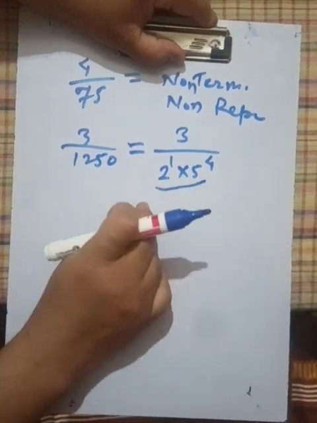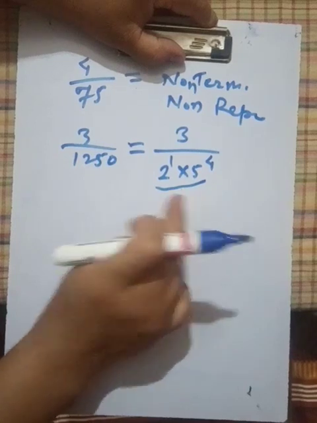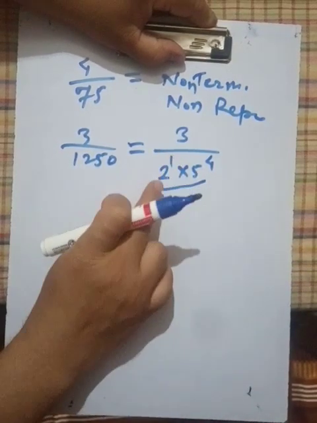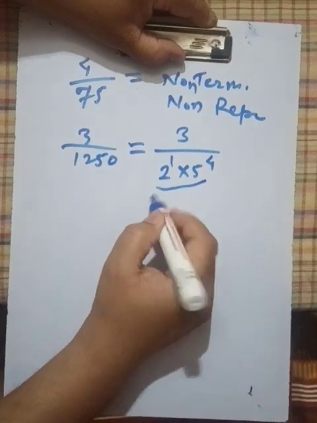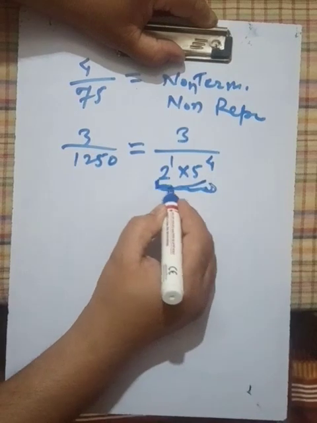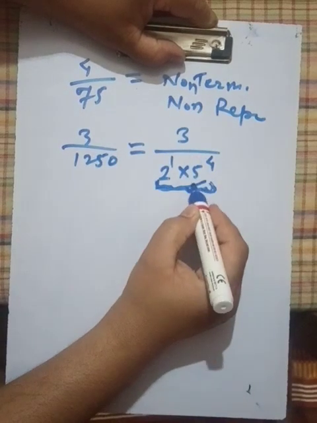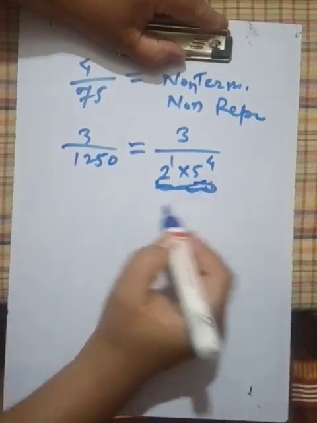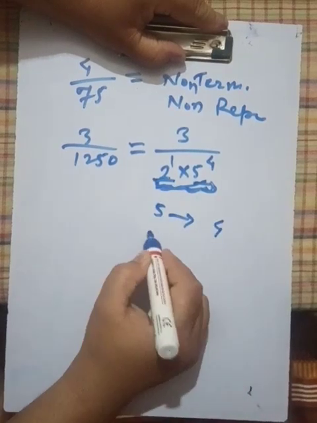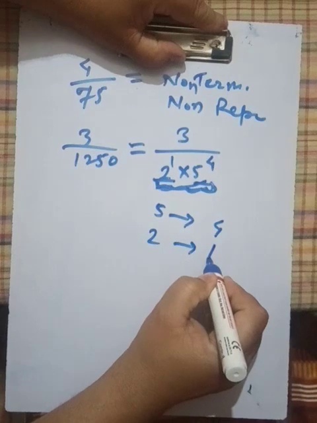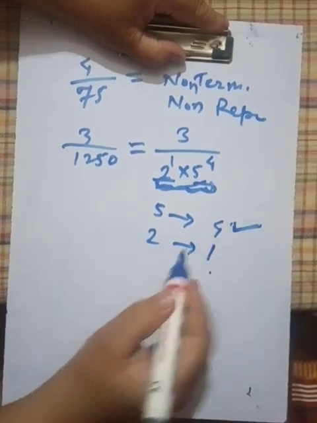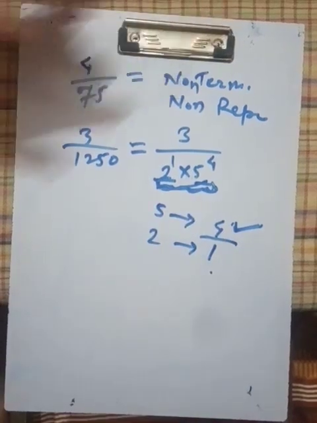If the denominator has no factor other than 2 or 5, then the number will terminate. Then I check the powers of 2 and 5 both. Whichever is greater, in this question the power of 5 is 4 and the power of 2 is 1, so this is greater. That greater number will be the number of digits after the decimal to terminate it.